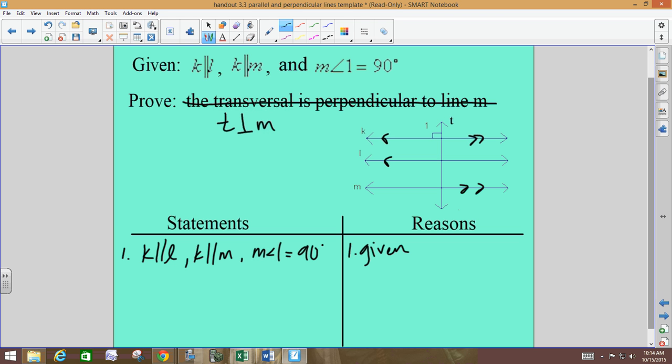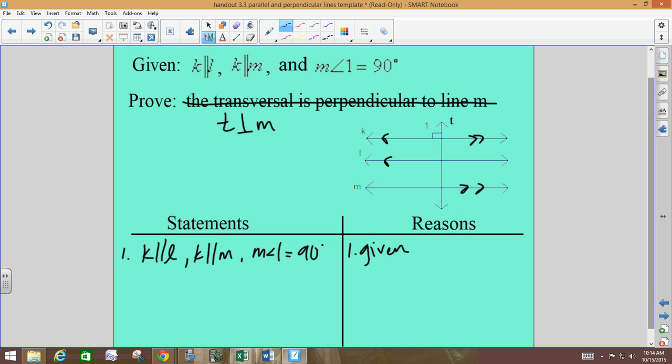What? Any thoughts? Number 2? That one says 2 lines perpendicular to the same line are parallel, right? What about 3? If I have parallel lines and a transversal is perpendicular to one of them, then it's got to be perpendicular to the other one.